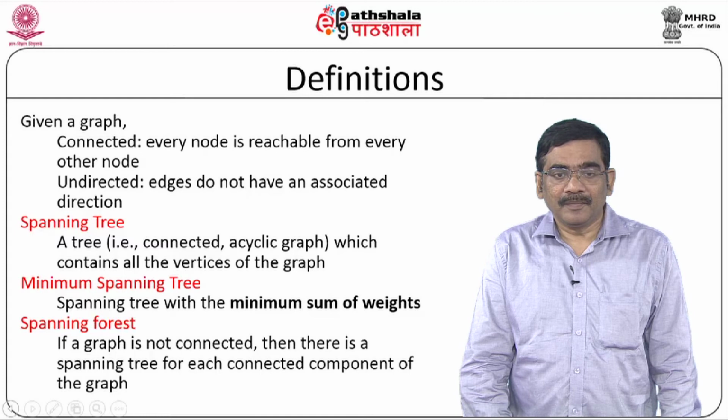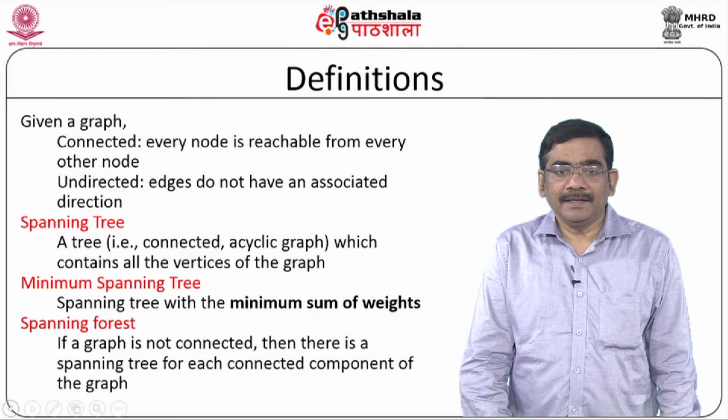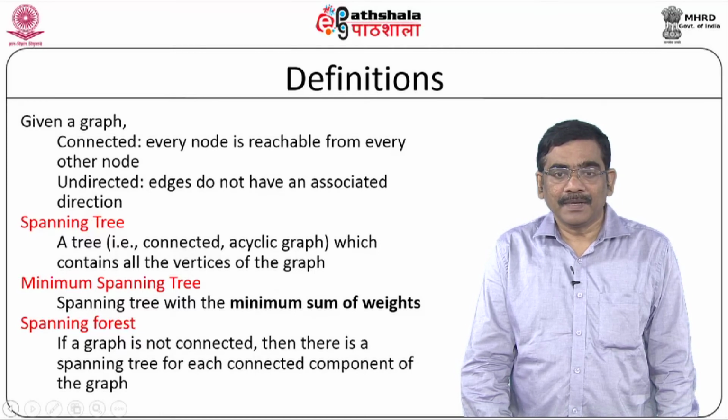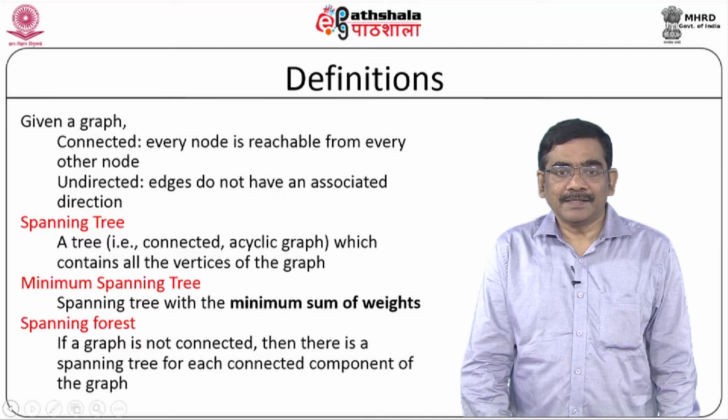Undirected graph means edges do not have any associated direction. Then spanning tree is a tree that is a connected acyclic graph which contains all the vertices of the given graph.